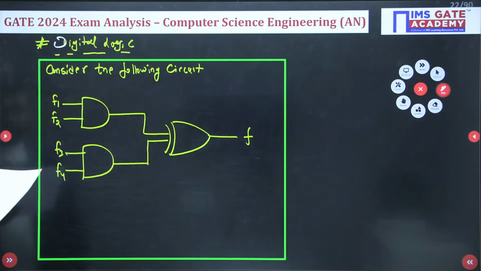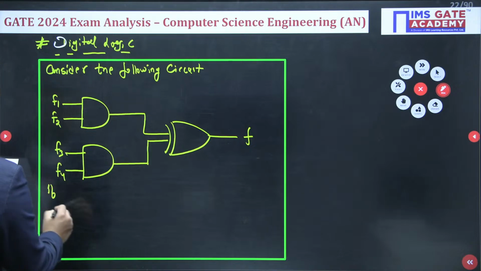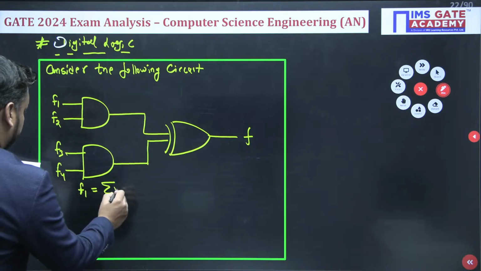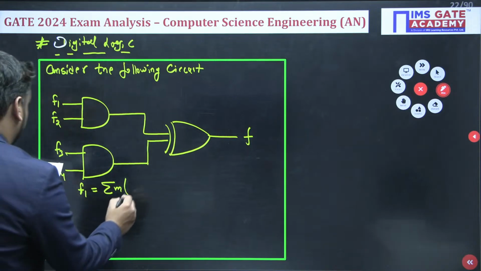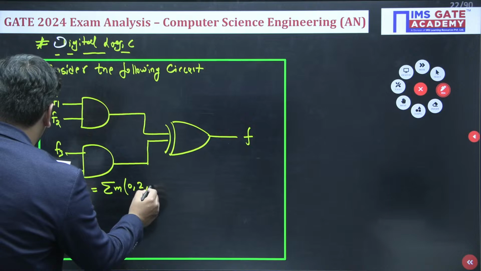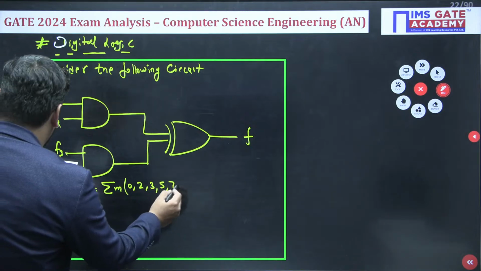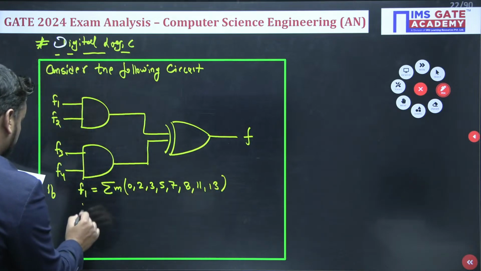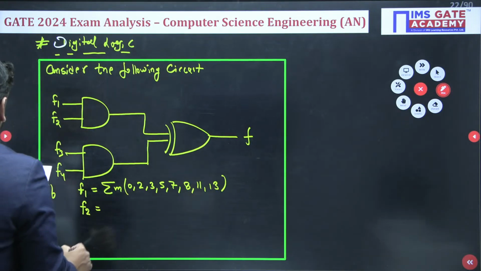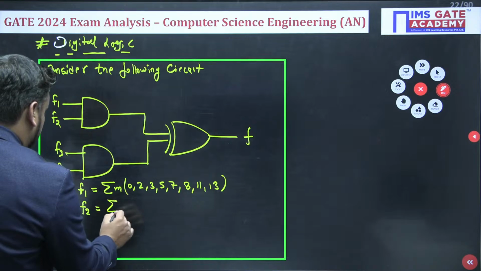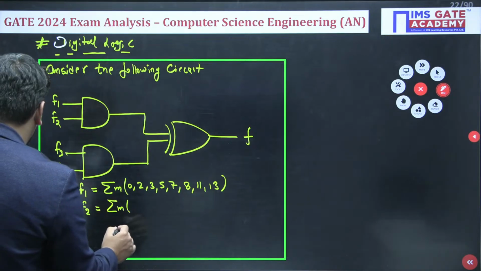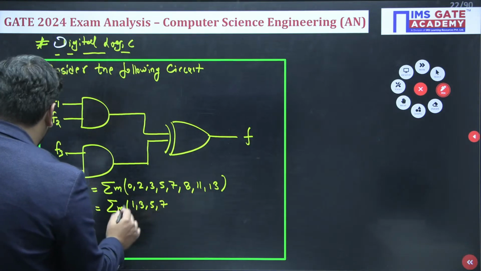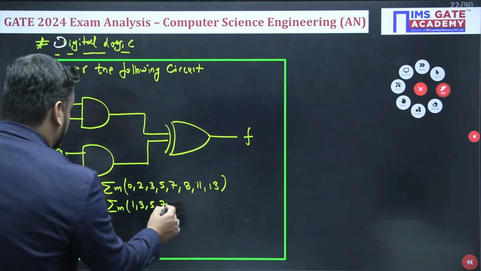So F1, F2, F3 values are given to you. F1 is sigma of m: 0, 2, 3, 5, 7, 8, 11 and 13. Similarly, F2 is sigma of m: 1, 3, 5, 7, 11, 13, 15.